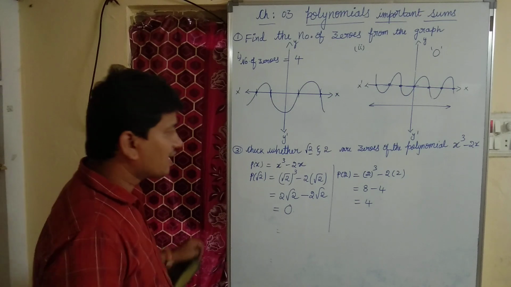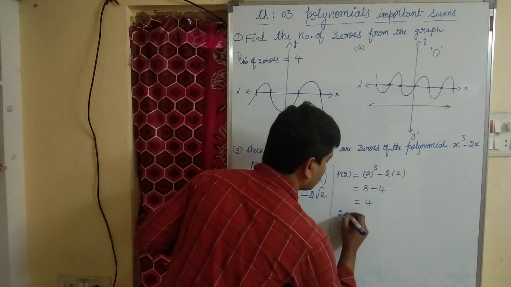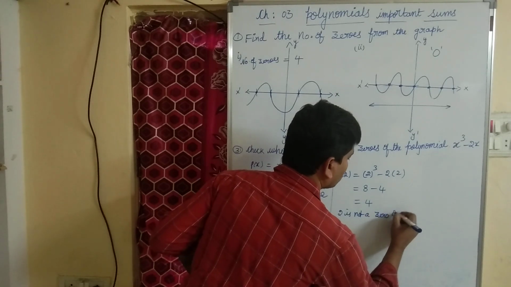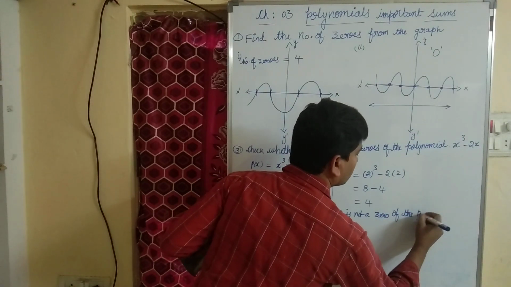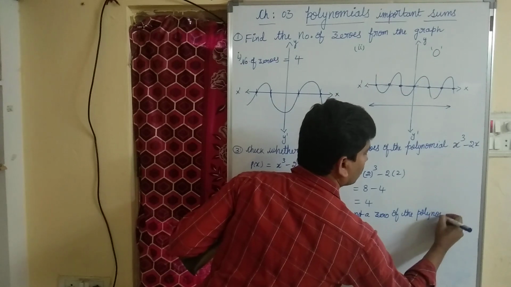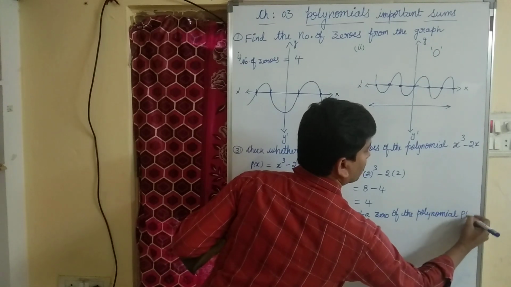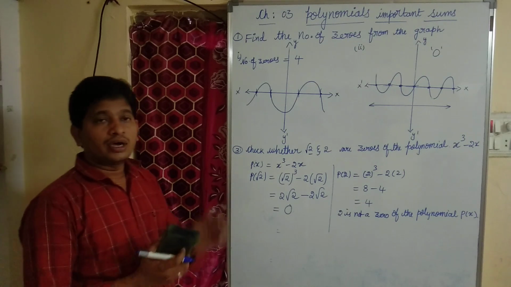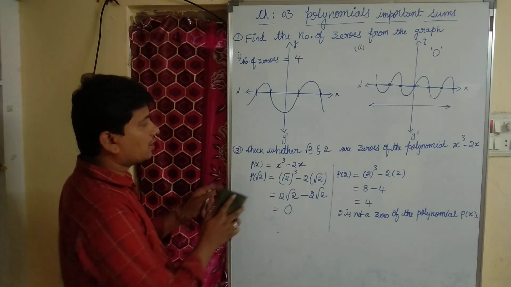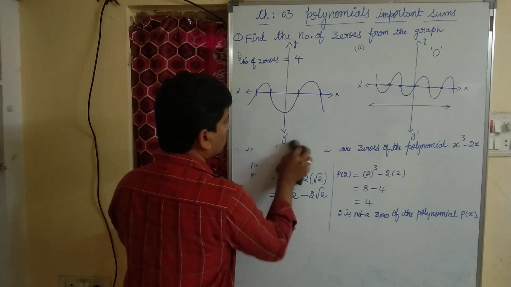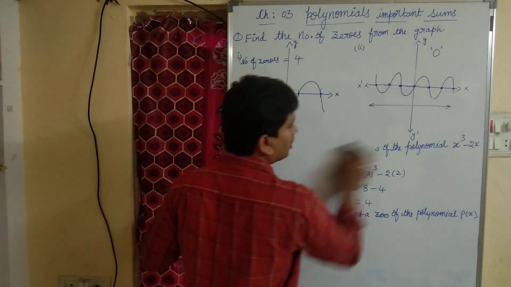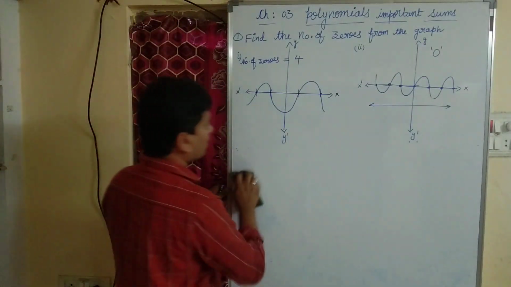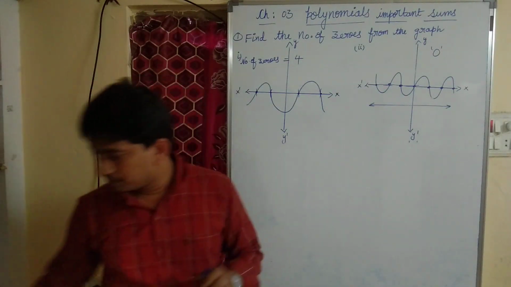No. Then we can say that 2 is not a zero of the polynomial p of x. I hope you understood this topic. Check whether root 2 and minus root 2, or 2 and minus 1 by 3, are the zeros of the polynomial. Okay. Now let us go with another method.